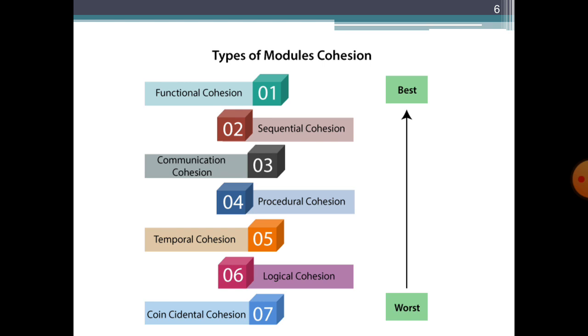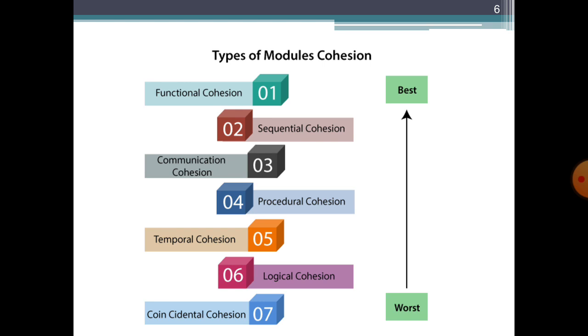So students, these are the different types of cohesion which I explained very briefly. You should note that coupling is the interdependency between two modules, while cohesion is the interdependency of elements within a module. A good design or program should have minimized coupling and high cohesion.